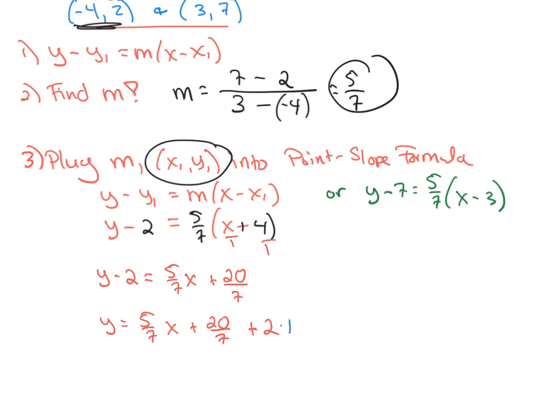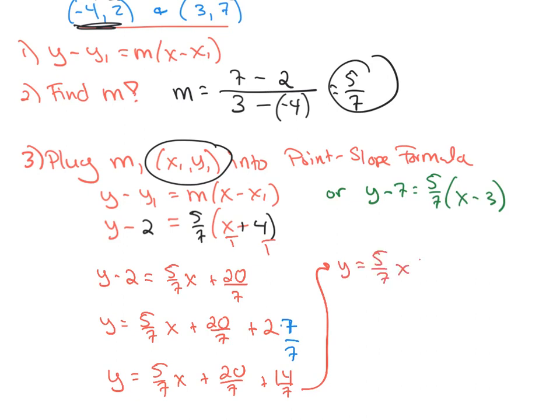If I multiplied the top by 7 and the bottom by 7, I could get common denominators. So now I have y equals 5/7 x plus 20/7 plus 14/7, which gives y equals 5/7 x plus 34/7.